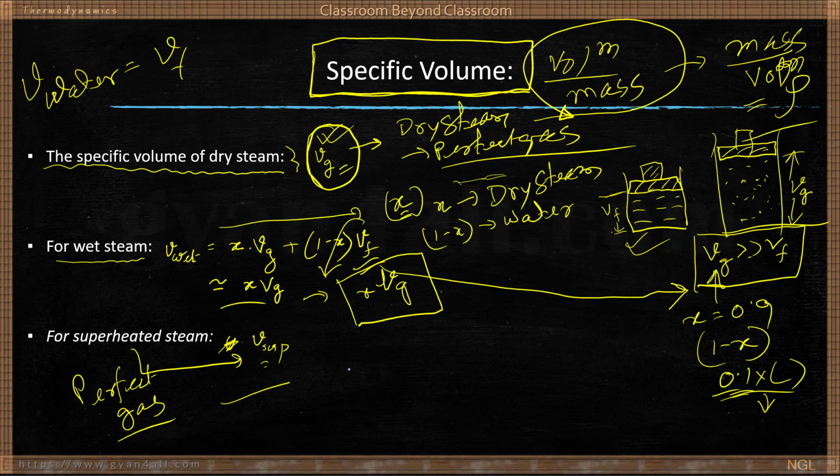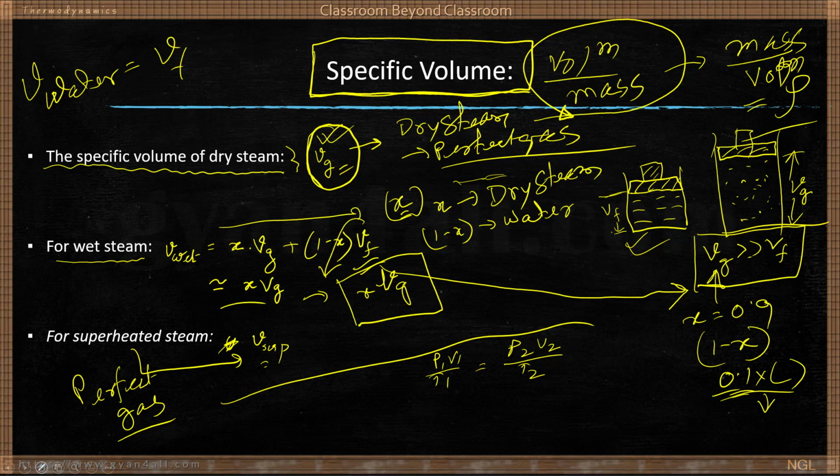Now you apply the gas law for these two conditions, dry steam and superheated steam. We have P1V1 by T1 equal to P2V2 by T2.